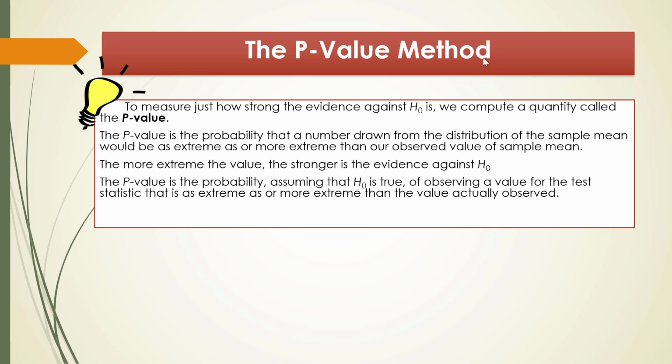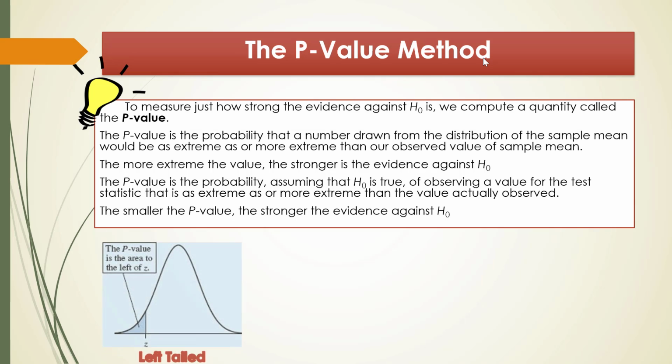The p-value is the probability, assuming that the null hypothesis is true, of observing a value for the test statistic that is as extreme as or more extreme than the value actually observed. The smaller the p-value, the stronger the evidence against the null hypothesis.